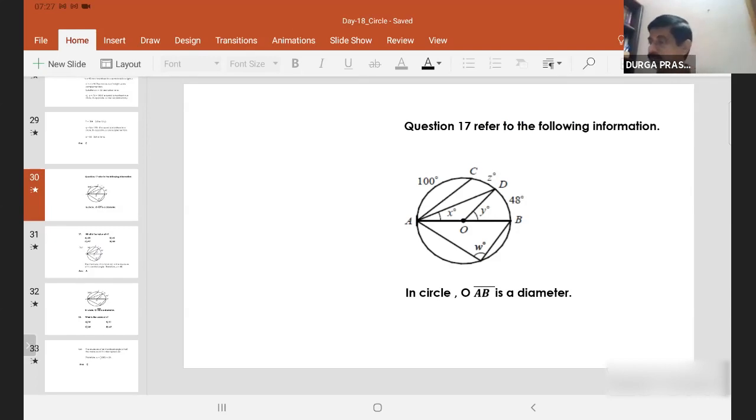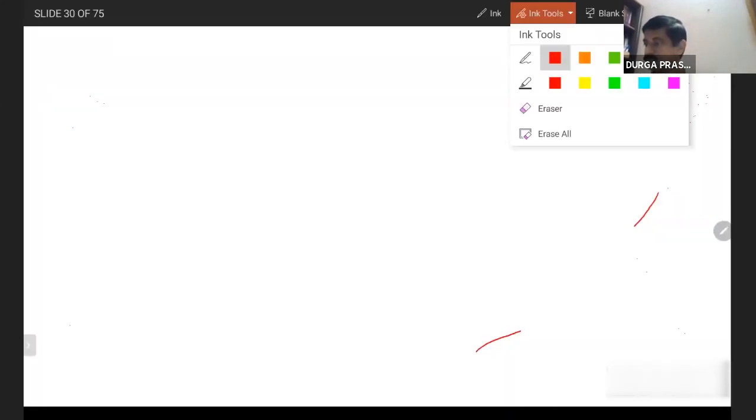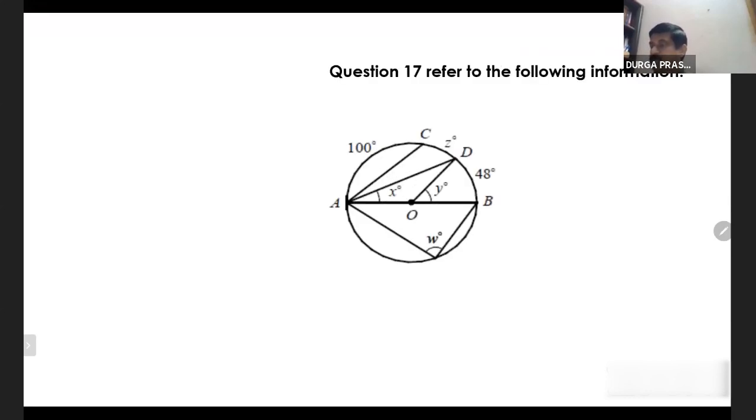Look at this. Yeah, this is the diagram that we need to discuss. So this is 48 degrees he gave us, angle at the center.